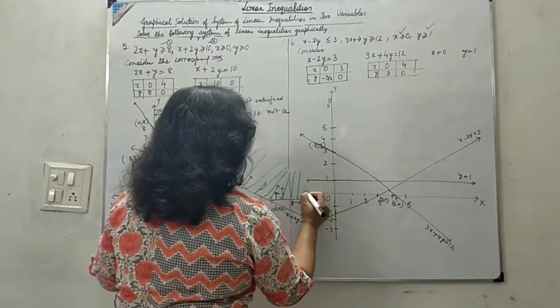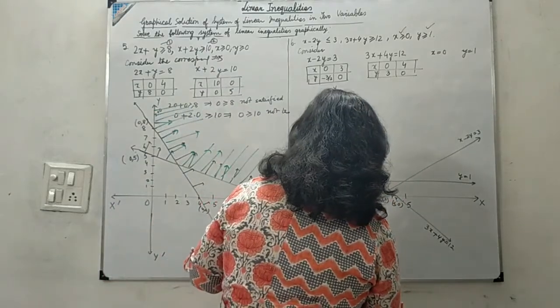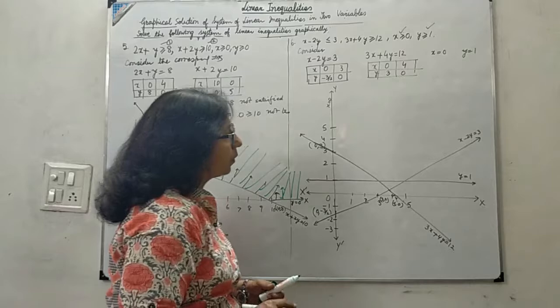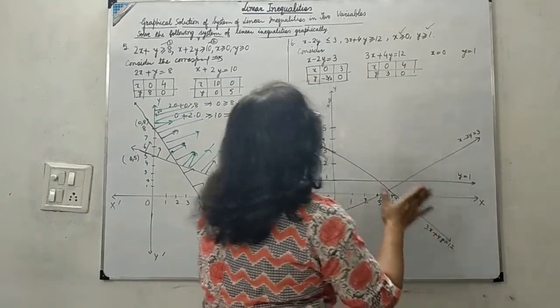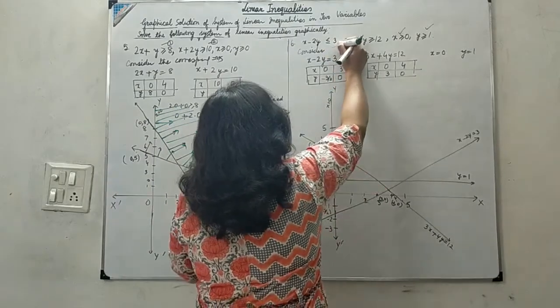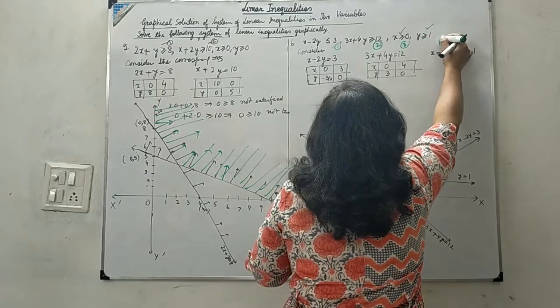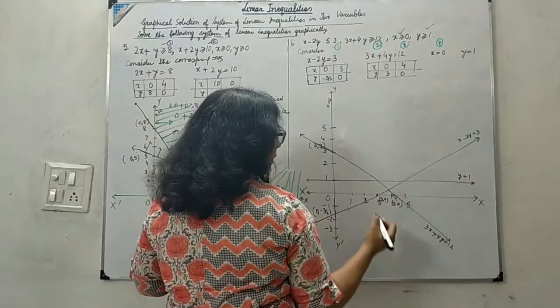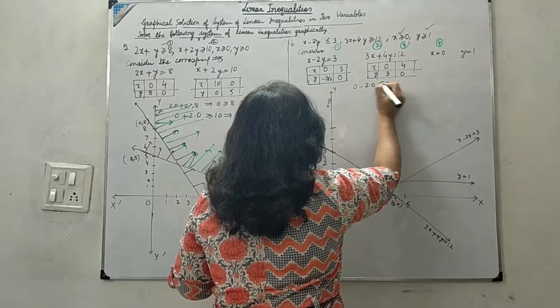We have drawn all four lines first of all. After that, you have to check which half planes are the required part. So first of all, I will check the first inequality, then the second, third and fourth. For the first, I will consider 0 minus 2 into 0 less than 3.